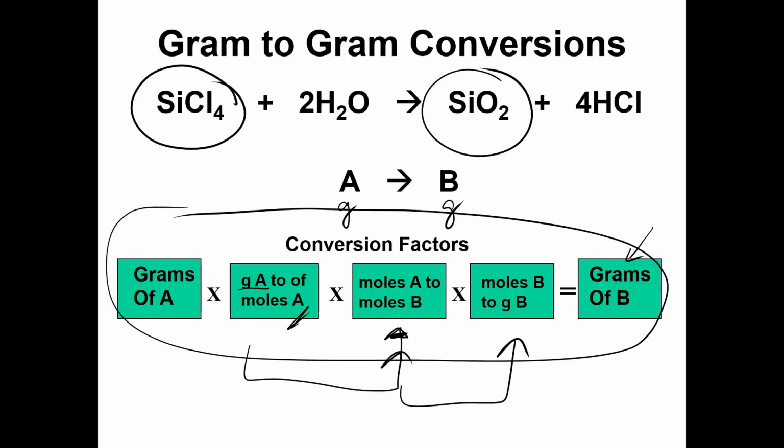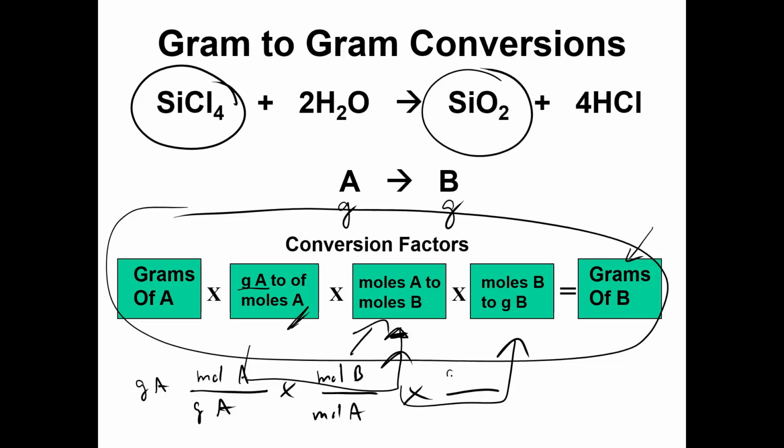However, it's much easier to just simply think of it as dimensional analysis, that if you write your units and you always multiply and divide, right, where this is set up like this, grams of A, and then you set it up in these 3 steps, where you have moles of A divided by grams of A, and then moles of B divided by moles of A. That's exactly what this is here.